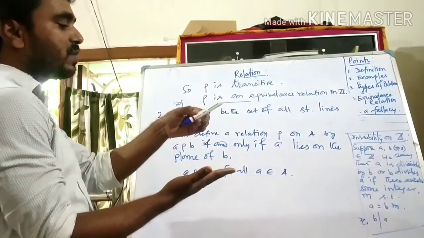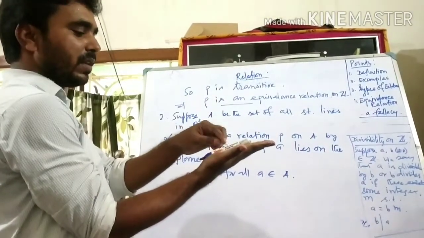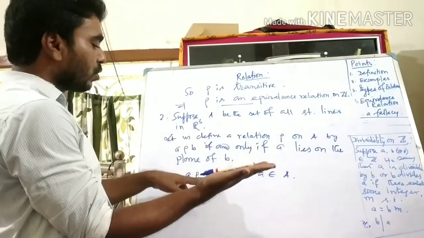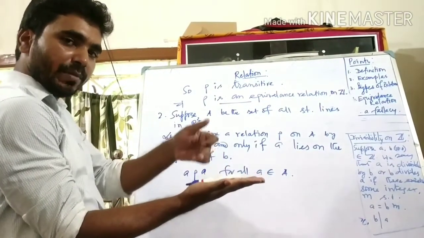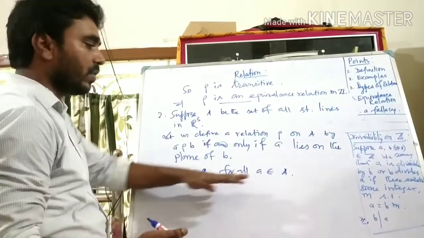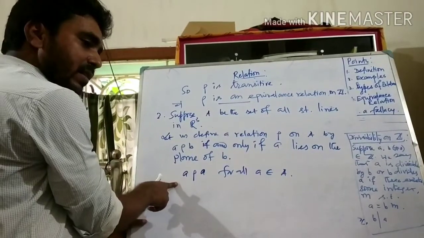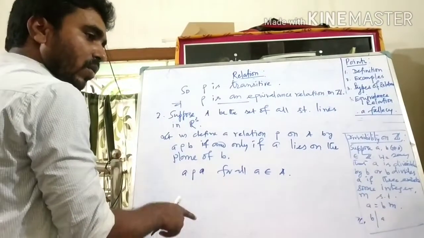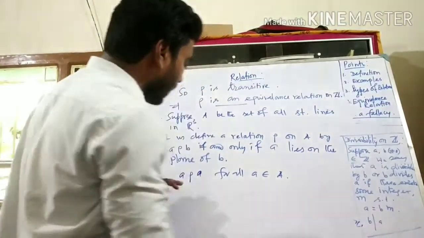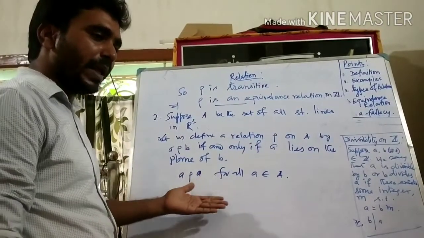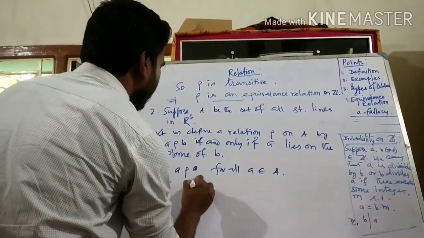So if this is my straight line A and this is my plane containing the straight line A, then automatically this straight line A also lies on the same plane. So this is trivial for all A belongs to A, because every straight line lies on the plane of that straight line. Okay. So rho is reflexive.